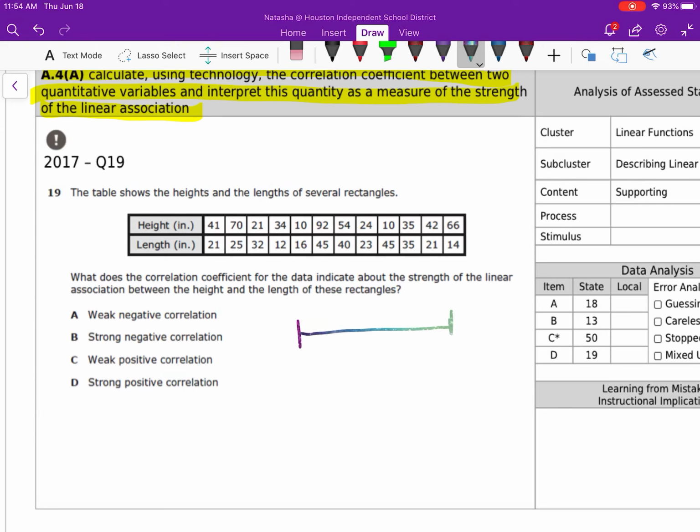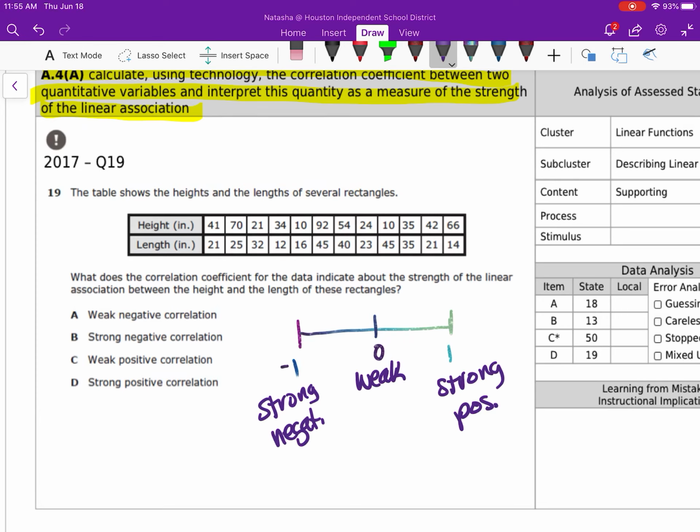I'm going to draw a number line: 0, this is -1, and this is 1. -1 would be a strong negative correlation. Anything closer to 0 would be weak, and closer to +1 would be a strong positive.